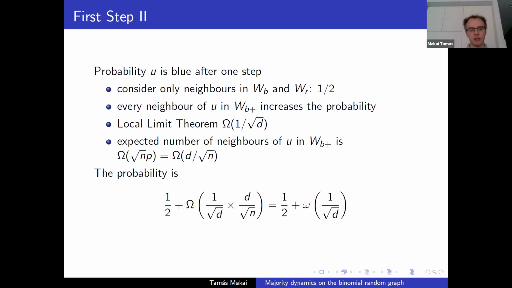So based on this, we know that the probability that U will be blue after one step is 1/2 plus omega of 1 over square root D. This is the increase we get for every neighbor of U in WB+ times D over root n, which is the expected number of neighbors. A quick calculation gives us that this is 1/2 plus omega of 1 over square root of D.